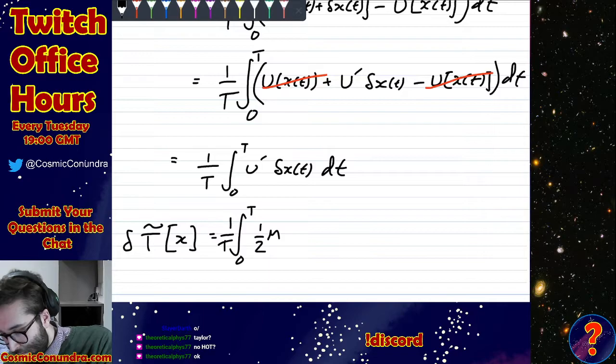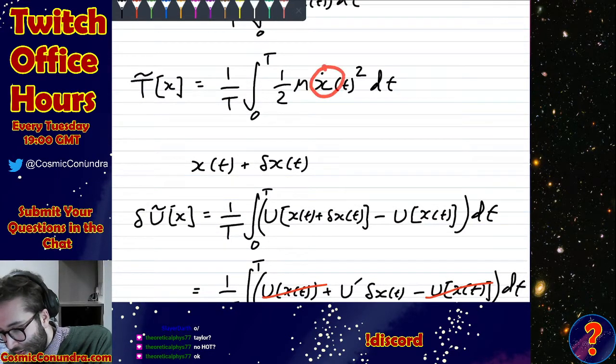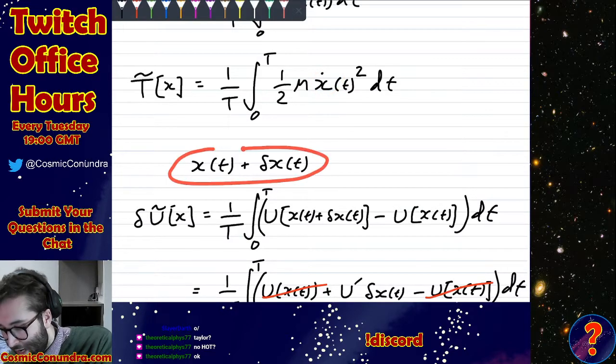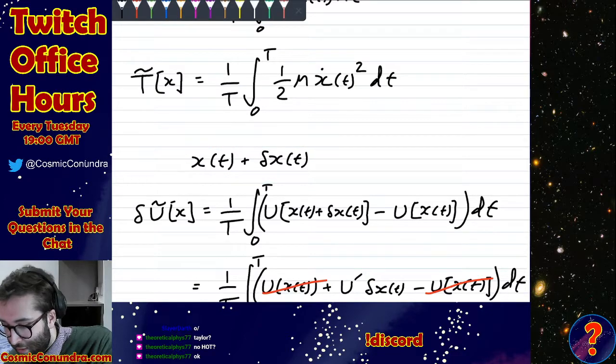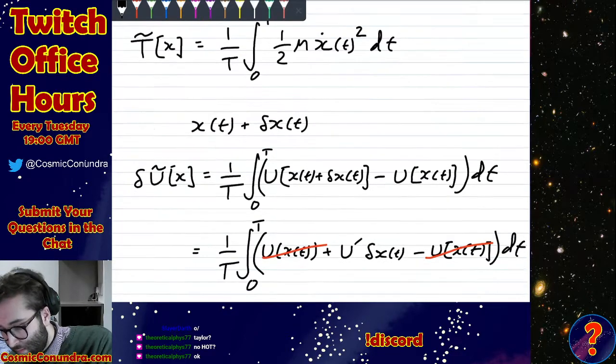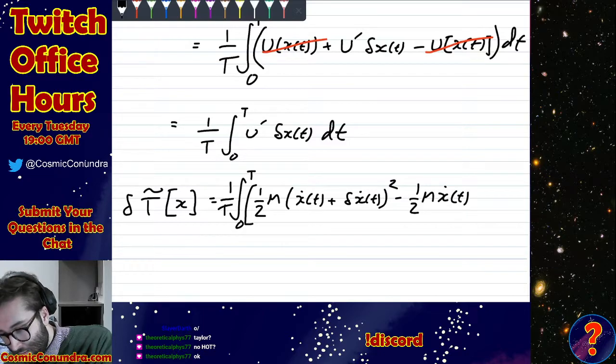So that is half m, and then we've got the time derivative, so the x dot of this entire thing here. So that becomes x dot plus delta x dot: x dot(t) plus delta x dot(t). And then we take away the initial kinetic energy.